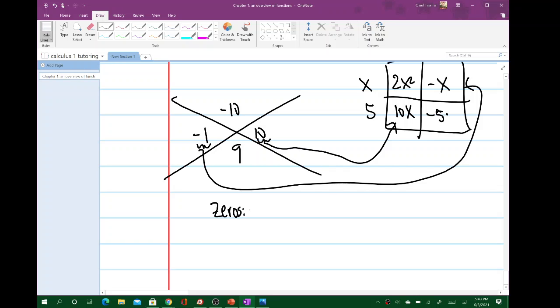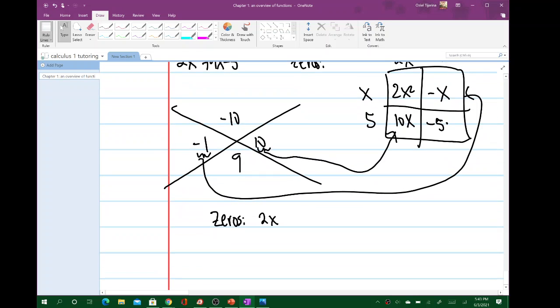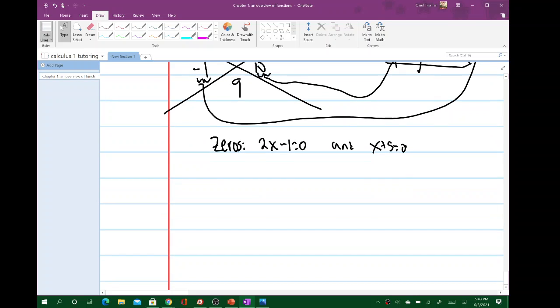So the zeros occur at 2x minus 1 equals 0, and x plus 5 equals 0. Then you would add 1 on both sides, you get 2x equals 1. Divide by 2 on both sides, you get x equals 1/2.